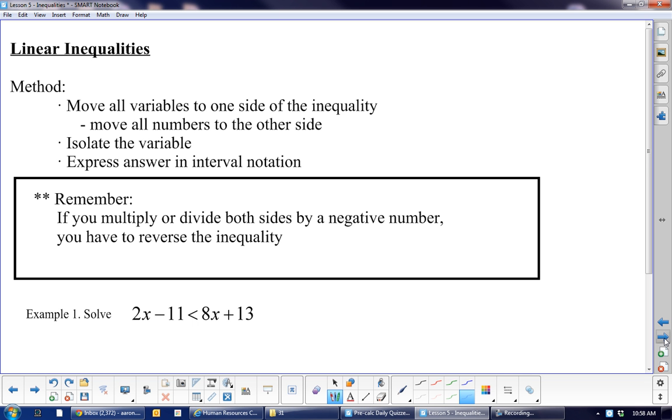You want to move all variables to one side of the inequality, move all numbers to the other, isolate the variable, and express the answer in interval notation. If you multiply or divide both sides by a negative number, make sure you reverse the inequality. Say you had negative 4x is greater than or equal to 12, and I need to divide by negative 4. x would be less than or equal to negative 3.